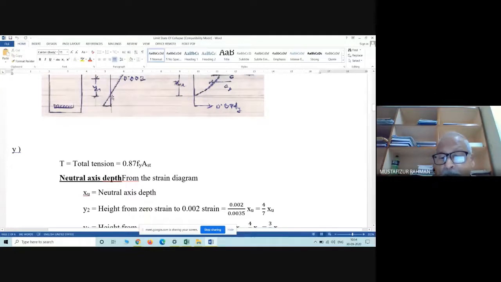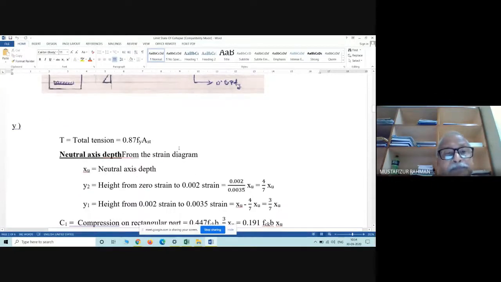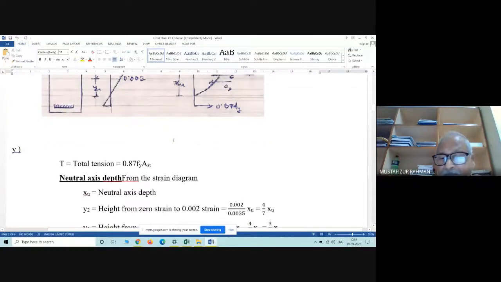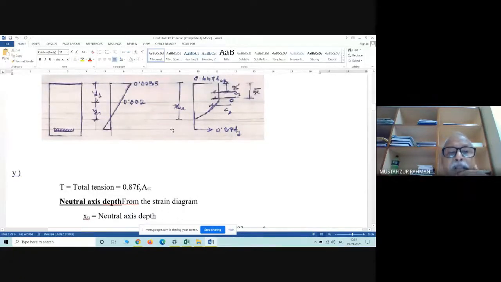Okay, so Y2 we can find from similar triangles. This divided by this is equal to this divided by this, two similar triangles.